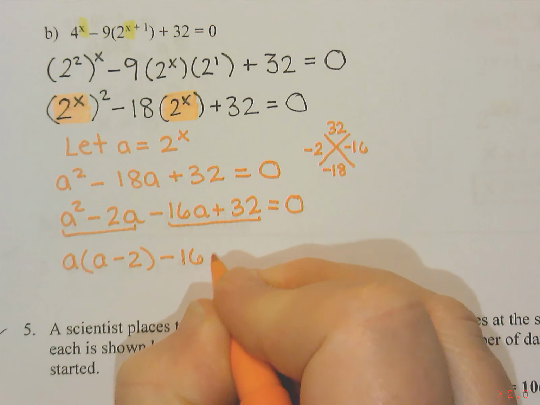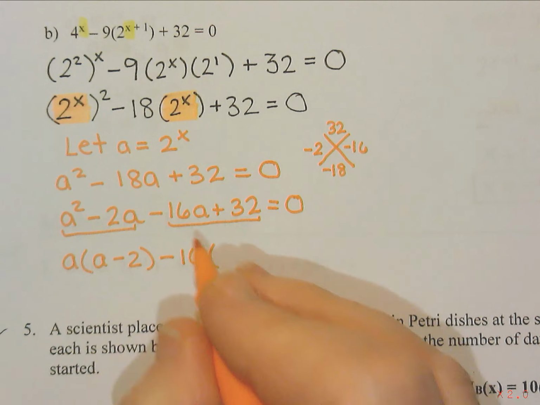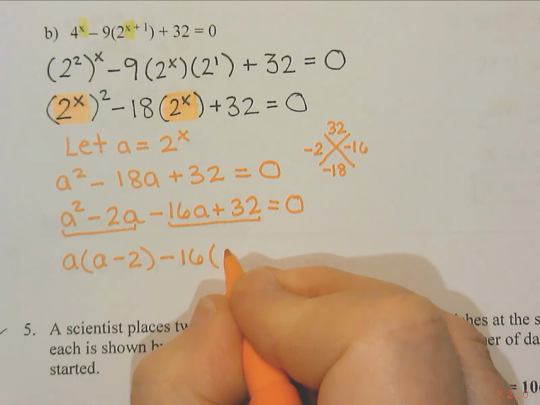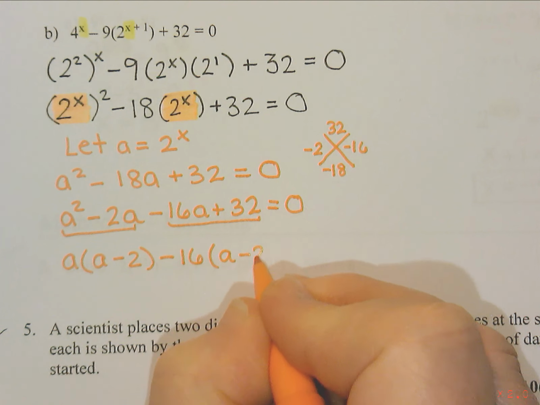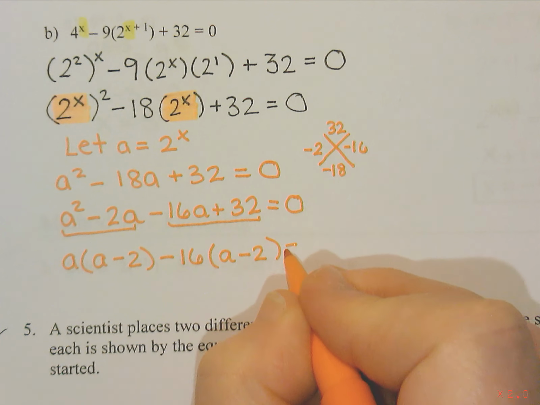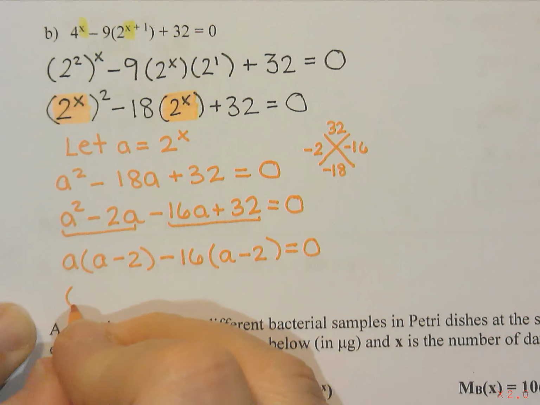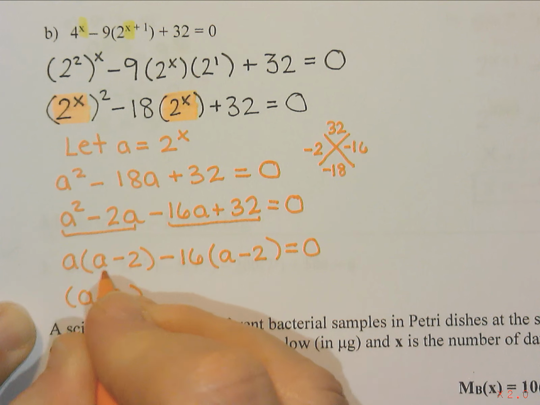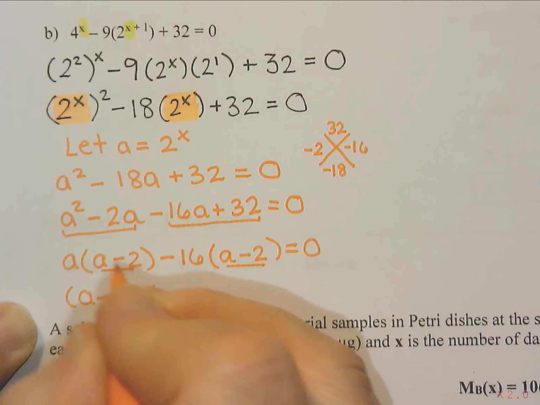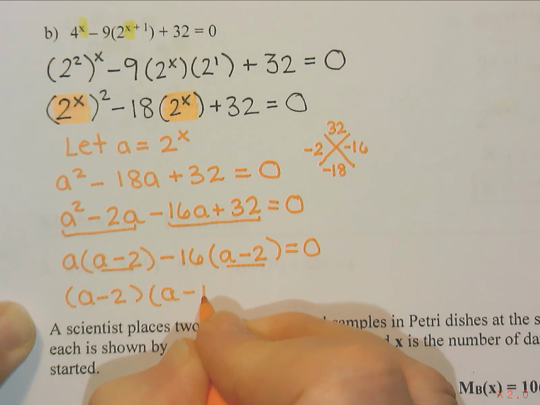And I want to take the largest number I can, and then I'd have to multiply negative 16 by a and negative 2 to get that expression back. So this is going to give me a minus 2, that's the bracket that they have in common, and then a minus 16.